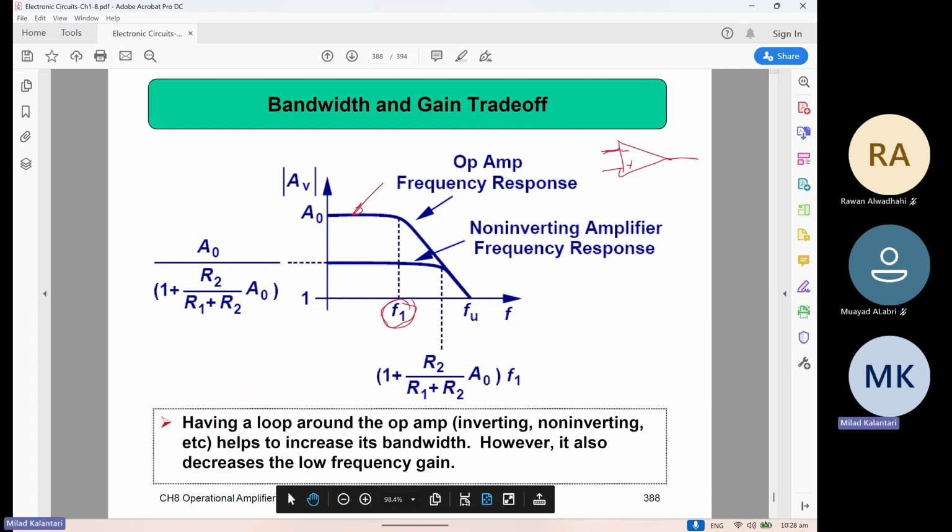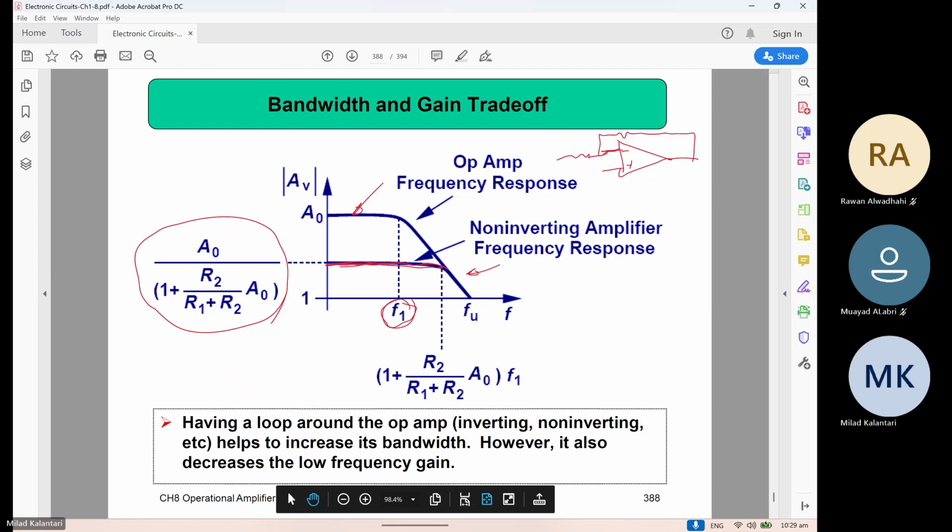But on the other hand, once you apply the feedback, you are basically dropping the gain, but the frequency response at the high side is not changing that much. Overall, the gain looks a little bit more broadband. In fact, the bandwidth looks expanded, but the gain is lower.